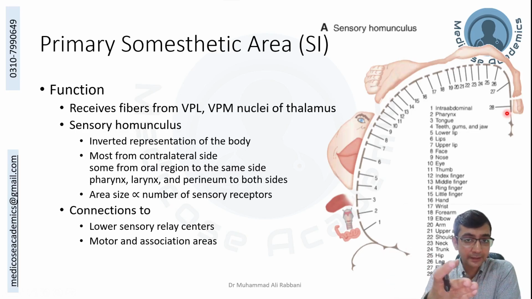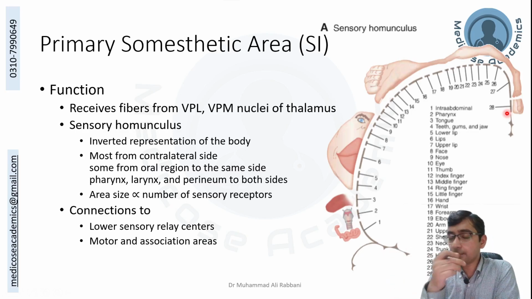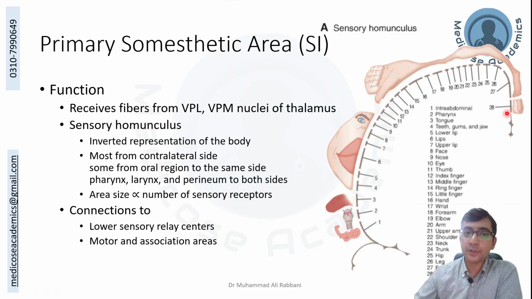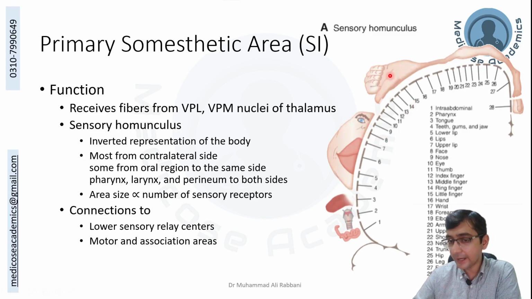So some from the same side, majorly from the contralateral aspect. And here you can see the homunculus is again asymmetrical. So much area is given to the head, lips and hand as compared to the legs.